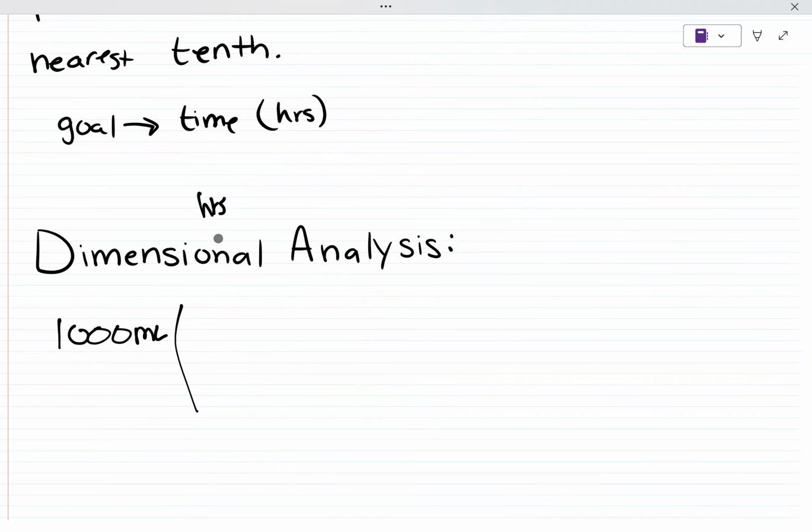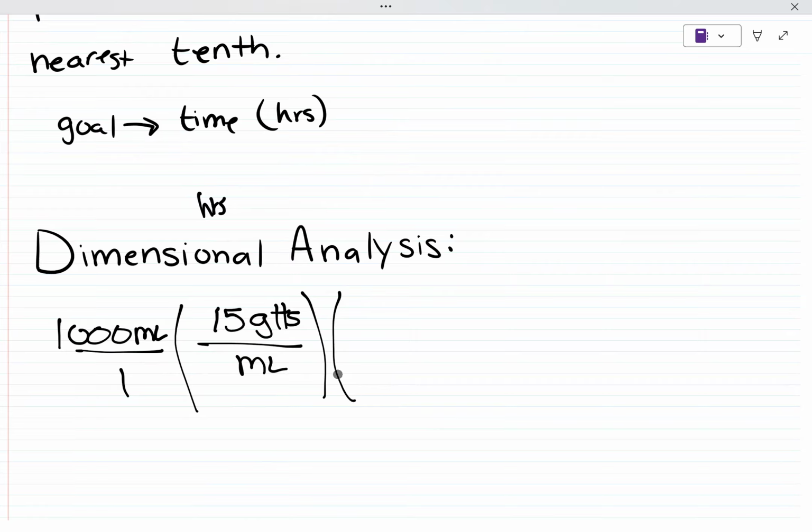You have an IV tubing with a drop factor of 15 drops per milliliter. I'm going to leave it like that. I'm not going to flip it because that'll get rid of my milliliters. So 15 GTT per milliliter. As you can see, the milliliters disappear, and our goal is to get hours. So now I have to get rid of those drops. What else do they tell us?